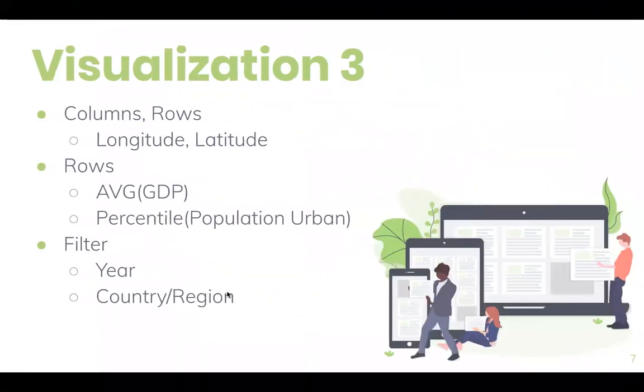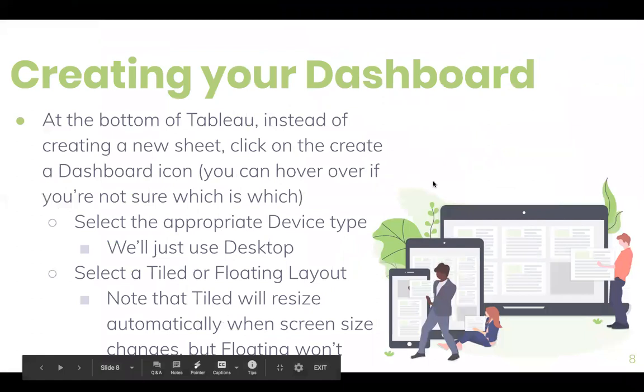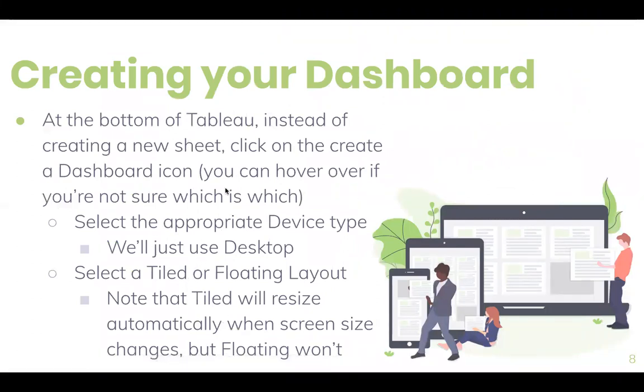And then just to go over this in greater detail, at the bottom of Tableau, just like I just showed you, find the icon that you're looking for and then click on that to select a dashboard. And then once you get to that view, you can select the device type and either tiled or floating for the layout, and I'll show you that in a minute.